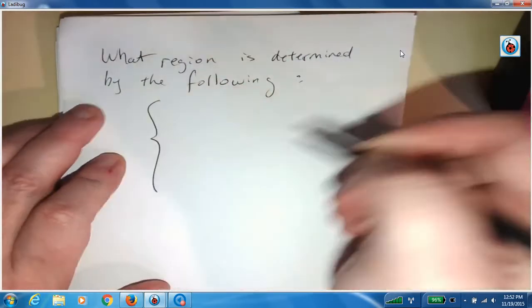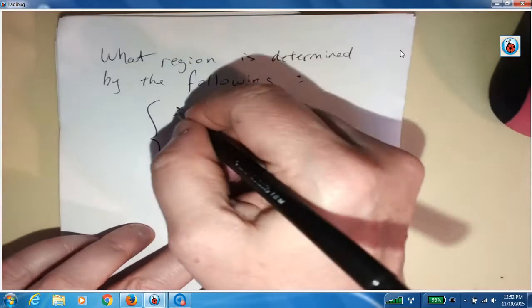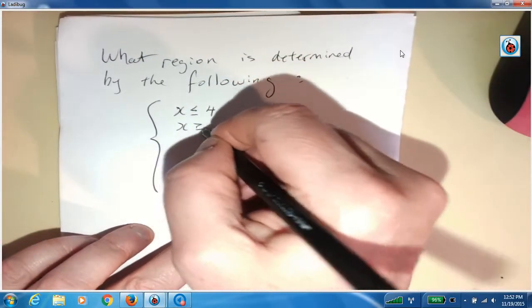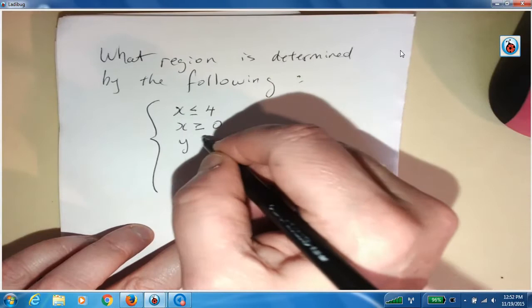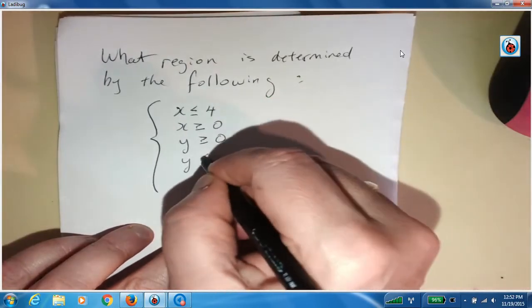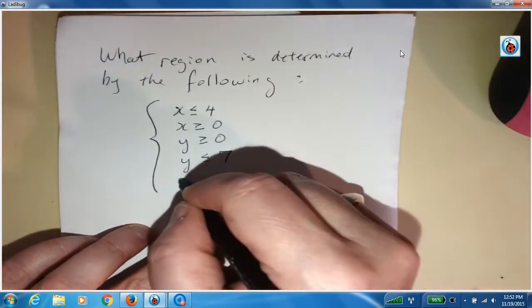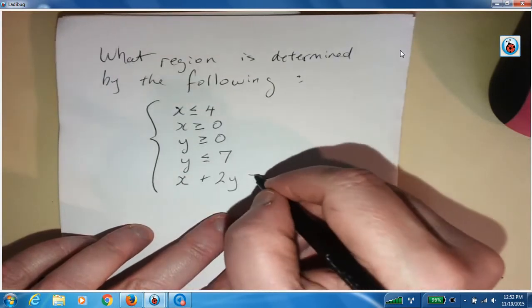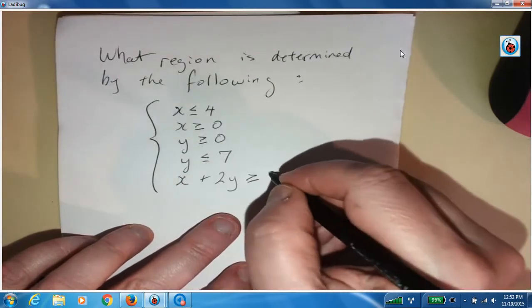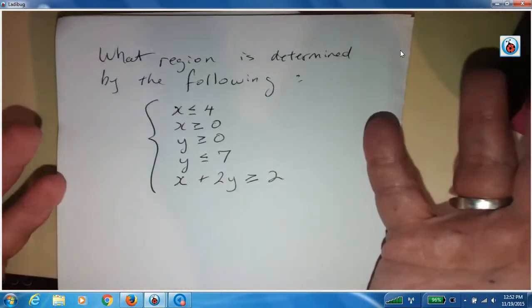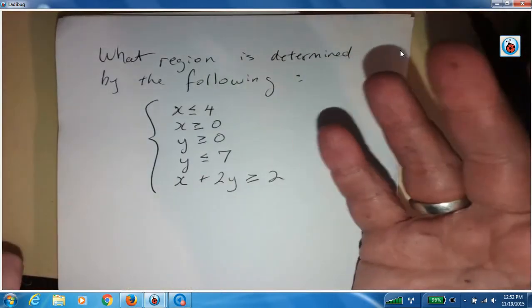And so we've got this long list of definitions here. Okay, so this is going to be some shaded region, and I need to know what it is.